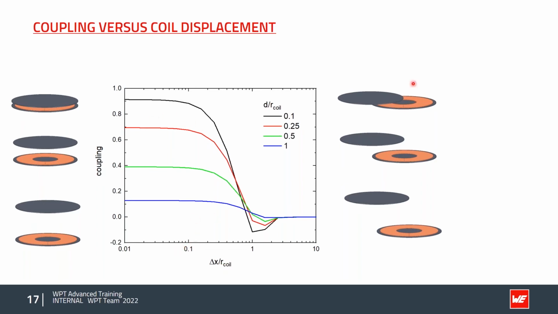When the displacement is very low, like 0.1, then for example for a 0.1 distance relation we have 0.9, and then it decreases very quickly. If the distance and the coil radius are the same, then we have a very low value, which is not changing very much. From about 0.3, it decreases very quickly. So this is also very important, the lateral displacement.